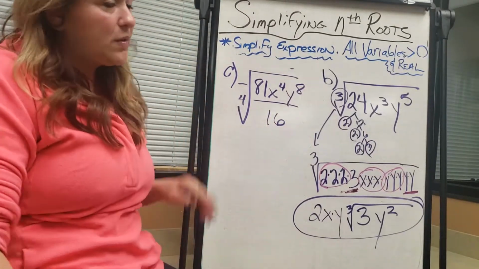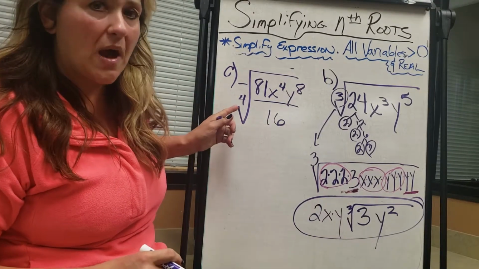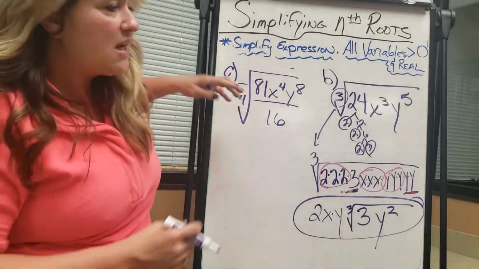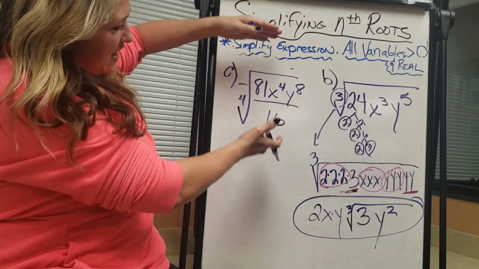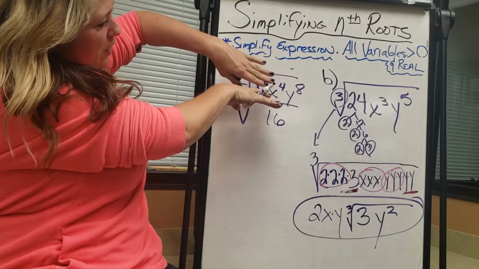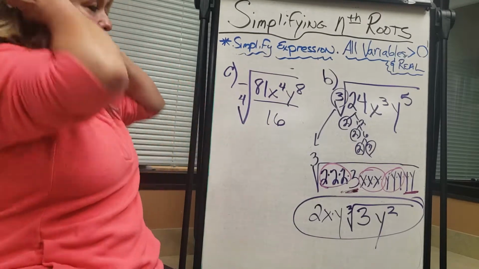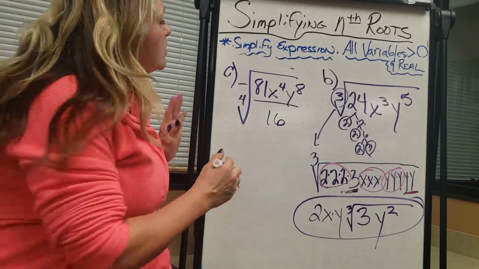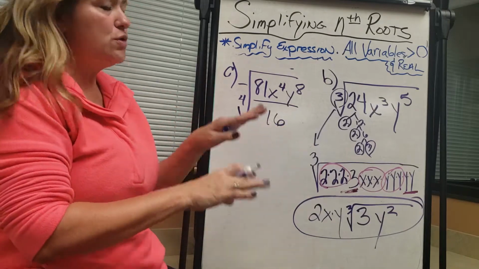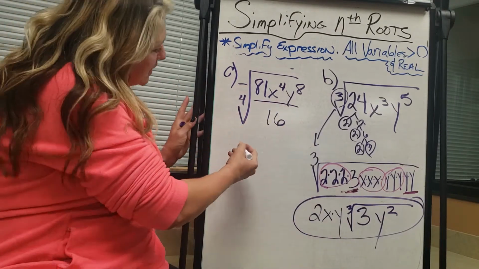Okay, so one of the ways that we can simplify a radical that's in a fraction is we can either simplify under the radical or we can break it into 2 radicals. And I'm going to do that right now because most of the time you're going to be able to simplify the numerator and the denominator separately, okay?